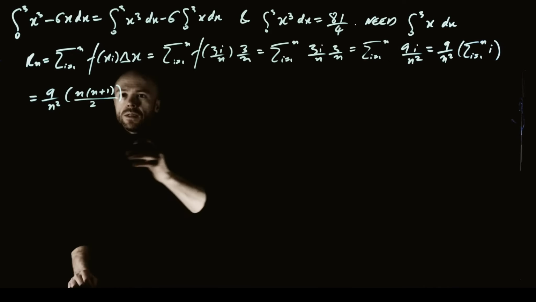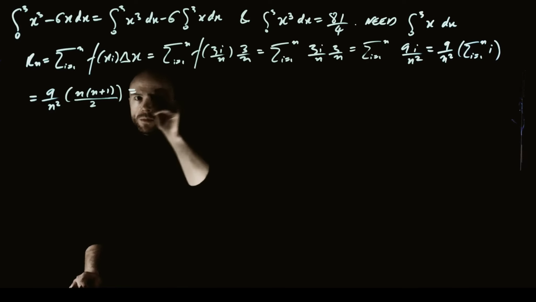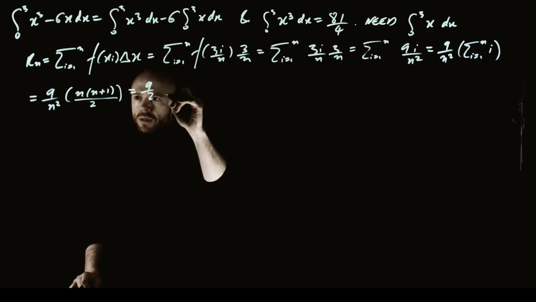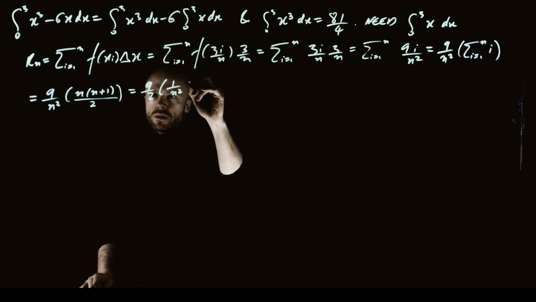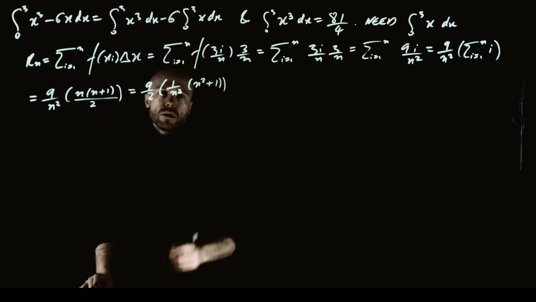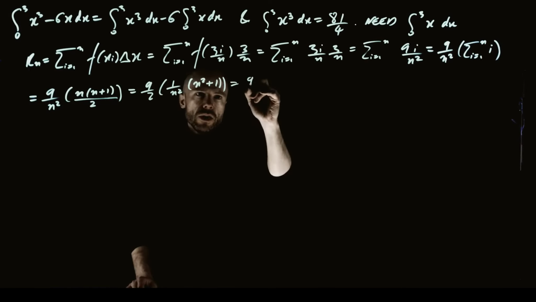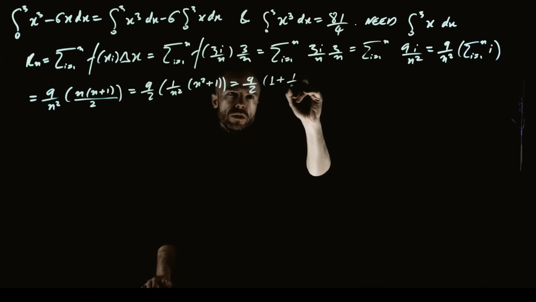Cool. And then it's a very similar game, right? We're going to try and understand what that is. That's 9 over 2, and we're going to have 1 over n squared times n plus 1, which is just 9 over 2 times 1 plus 1 over n.